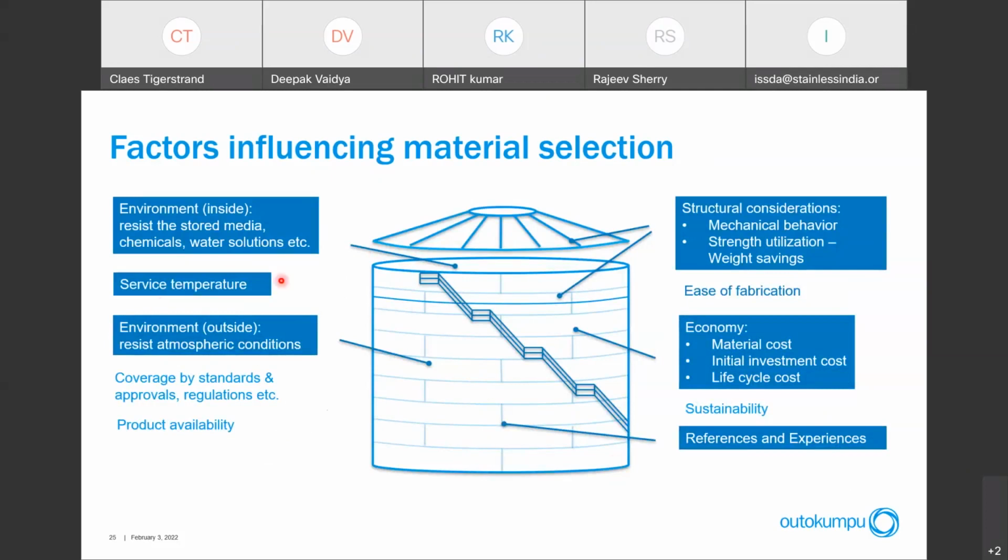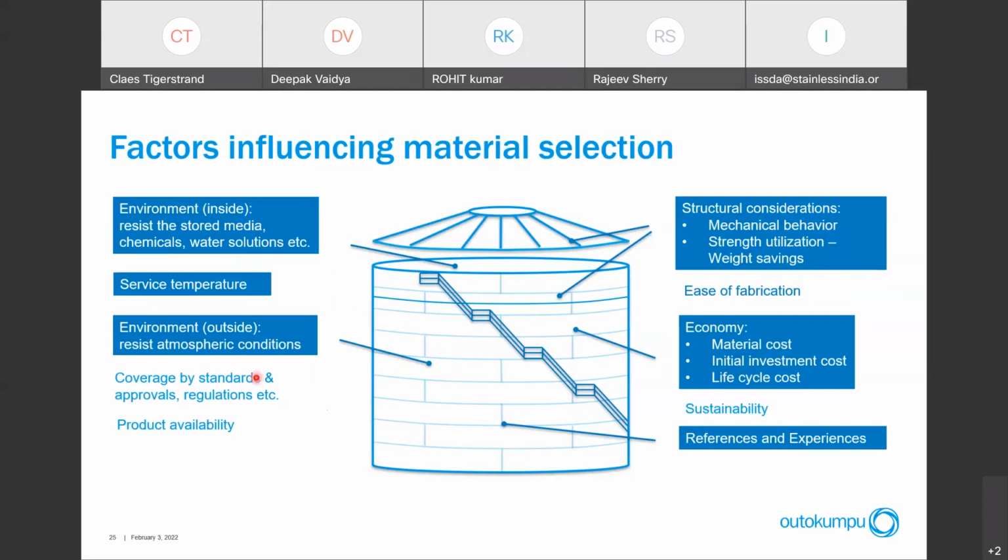Service temperature is important as well. Typically, when the temperature goes up, the environment becomes more corrosive. Also important to consider is the outside of the tank, because if you are very close to the sea, you can have airborne chloride in the environment that could be equally corrosive as the inside.